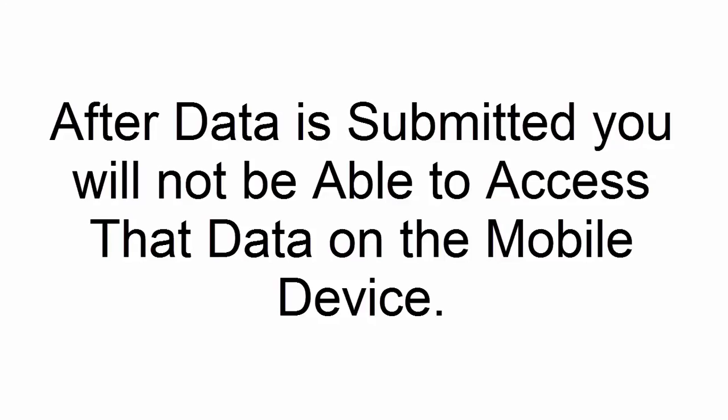All right, another potential issue that can come up is after data that is collected with the mobile data collector has been submitted, you will not be able to access that data through the mobile data collector. So if you need to modify that data, it will need to be retrieved from mobile within the Eco project, and then again, a new key is going to need to be sent out.